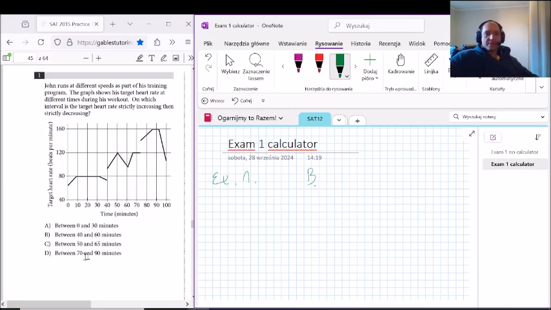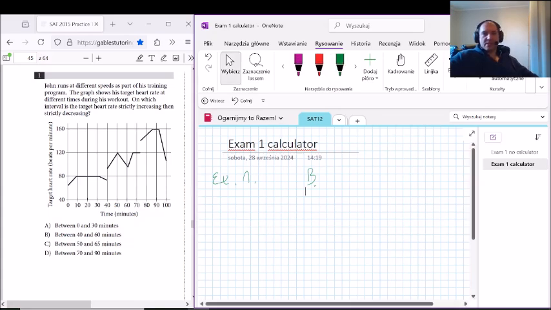And D, between 70 and 90 minutes. Not the right answer, because first it's constant, then it's increasing, and then it's once again constant. So no, it's not strictly increasing then strictly decreasing. So for question 1 we have answer B.